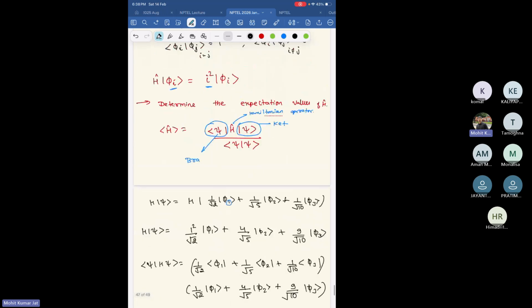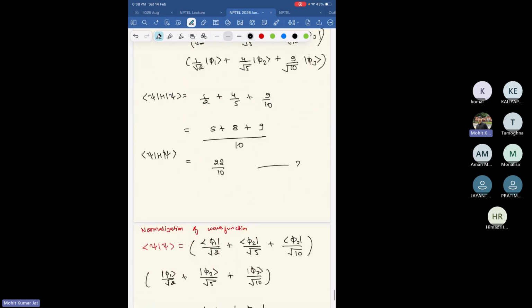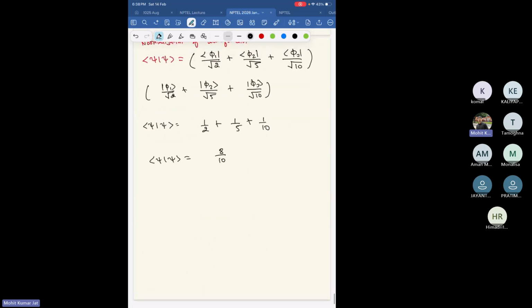So this is our equation 1, this is our equation 2, and this is our equation 3.